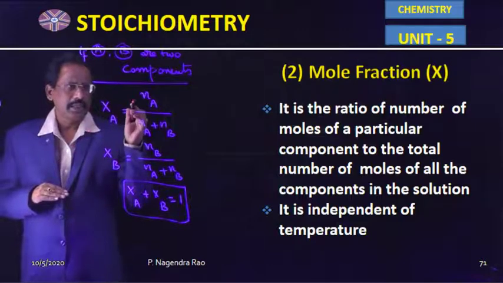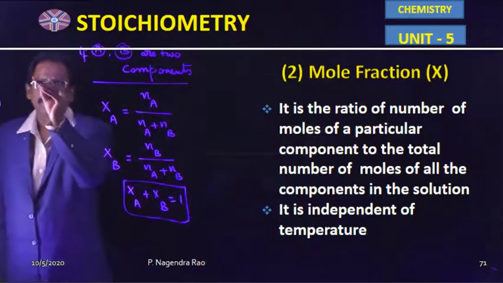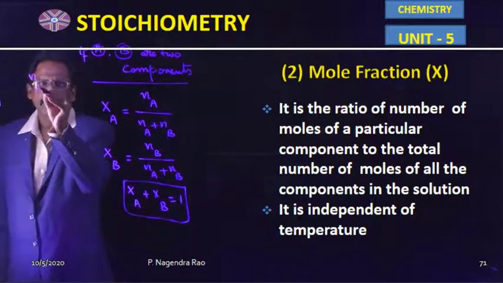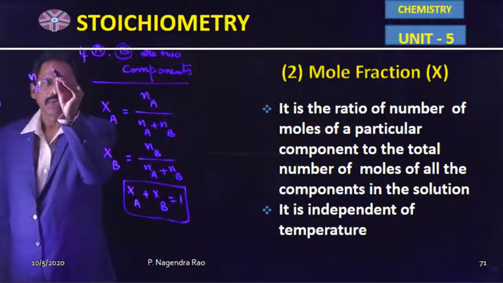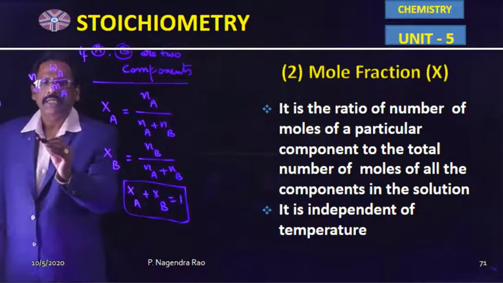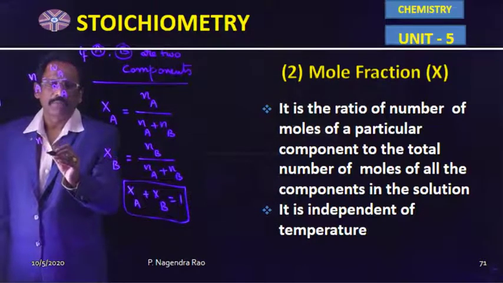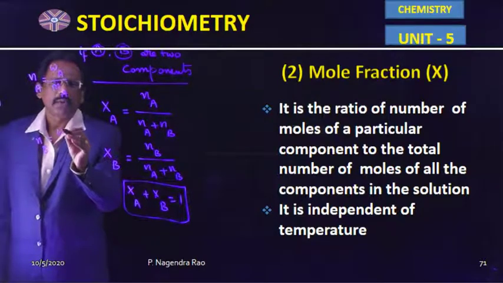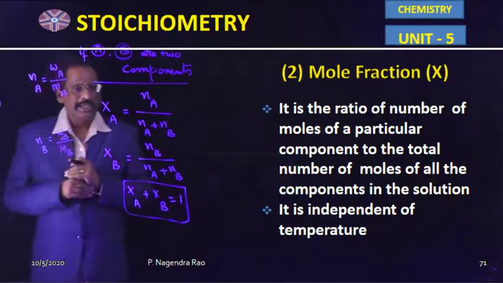So there are two important formulas here. One is the number of moles of the A component is equal to weight of the A component divided by its molecular weight. Similarly, the number of moles of the B component is equal to weight of the B component divided by its molecular weight.